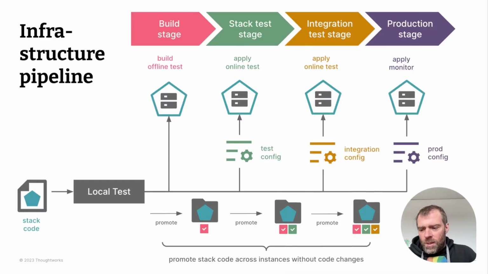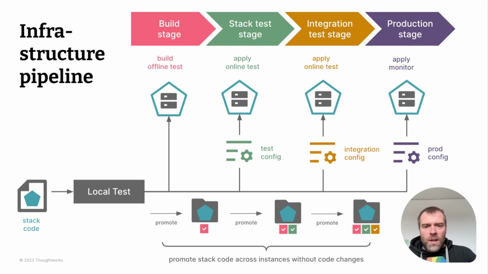So once we have a code base where infrastructure code is clearly separated from any configuration for individual environments, we can start thinking about a structure for our pipeline. We usually structure a pipeline in multiple stages with the idea that all the tasks that you can run quickly with low effort, fast feedback cycles run at the beginning. So here, those would be the offline tests that usually run within a matter of seconds.